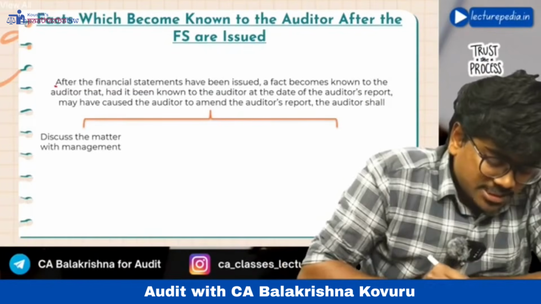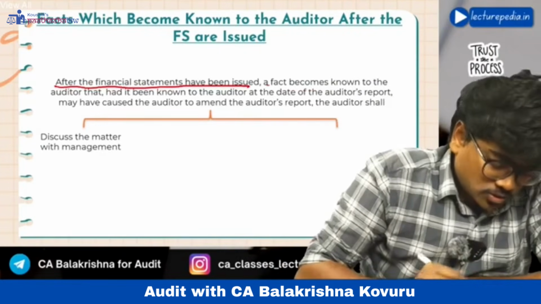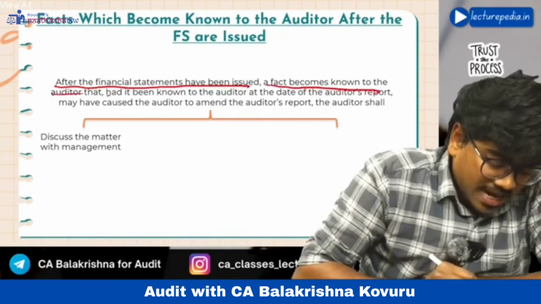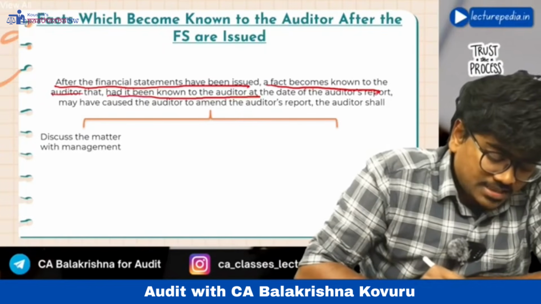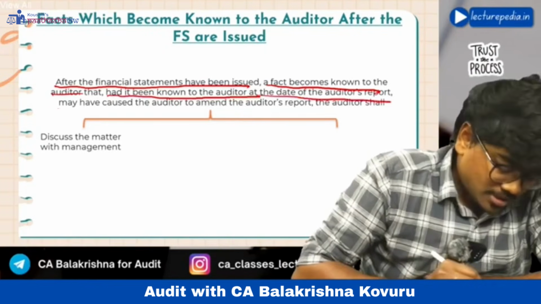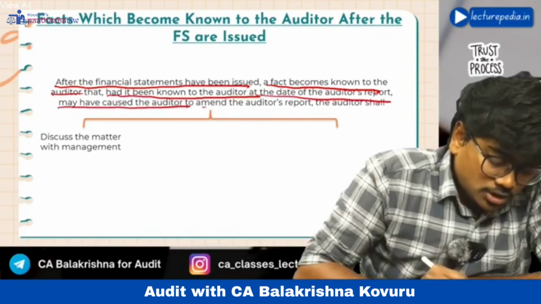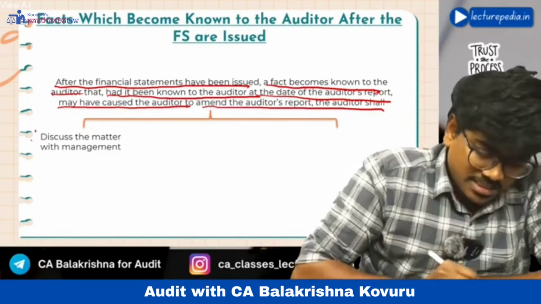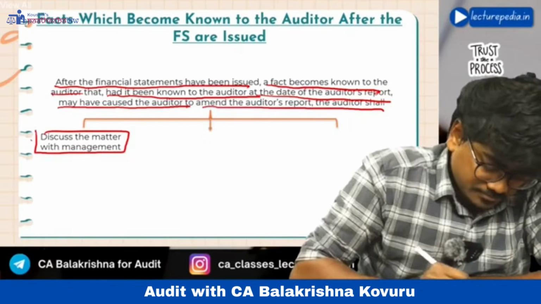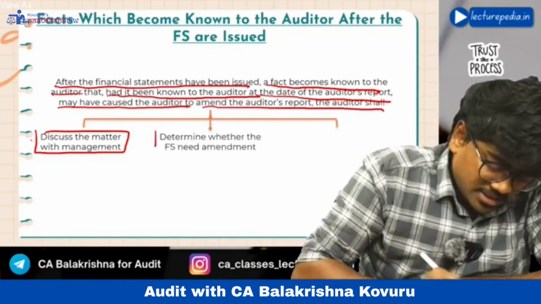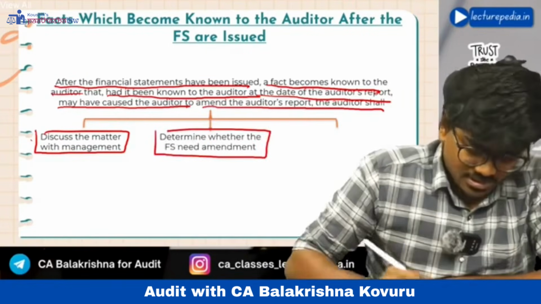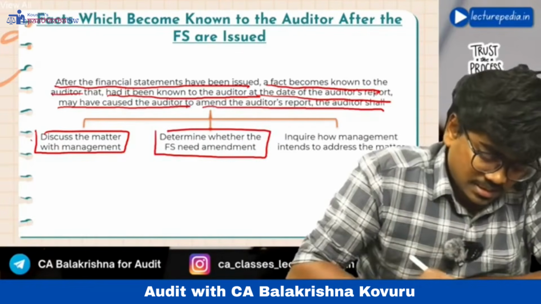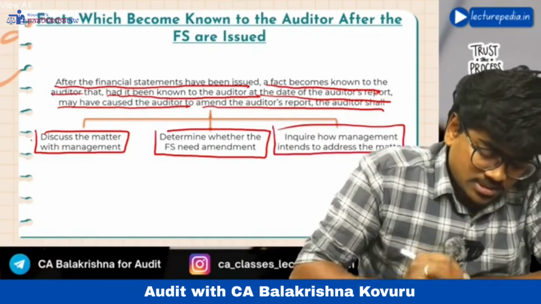After the financial statements have been issued, a fact becomes known to the auditor that, had it been known to the auditor at the date of the auditor's report, may have caused the auditor to amend the auditor's report. The auditor shall discuss the matter with management, determine whether the financial statements need amendment, same as we have seen earlier, and inquire how management intends to address the matter.